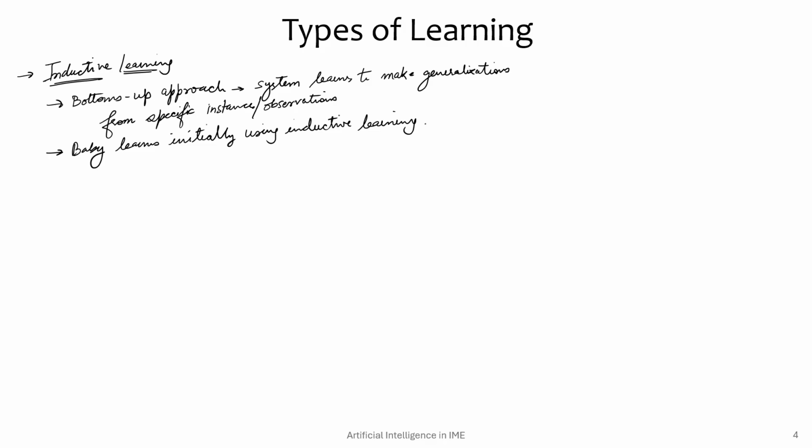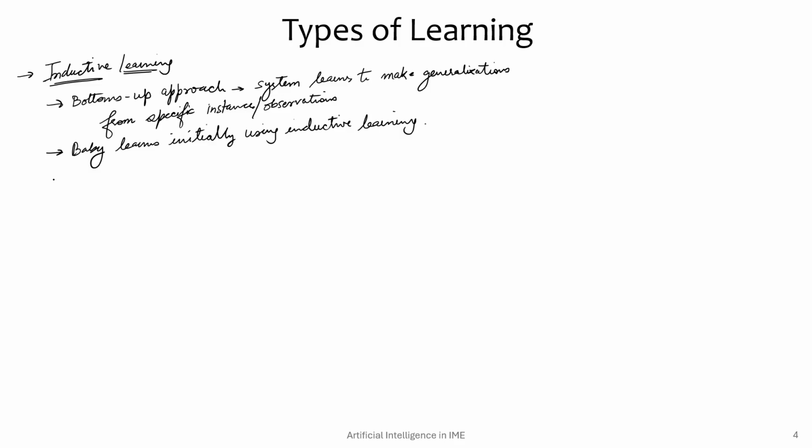When a baby tries to learn what the different things are and how they differ from each other, what are hot things, what are cold things, the baby tries to touch everything, and whenever it finds something hot, he or she gets repelled from that object and tries to create different learning observations inside their own system. So this is how inductive learning works in humans, right?